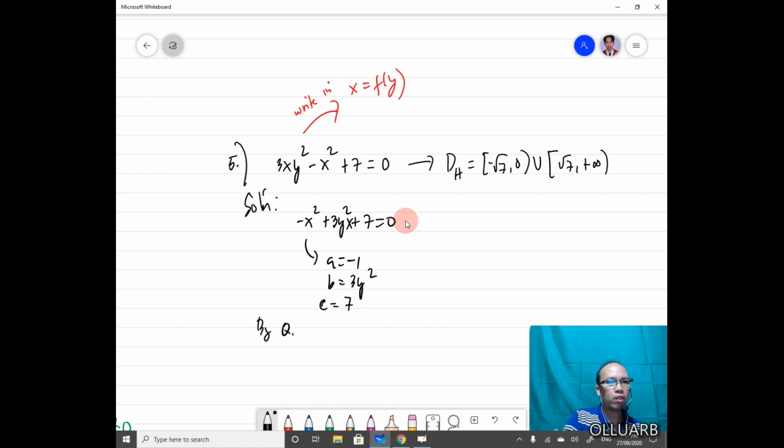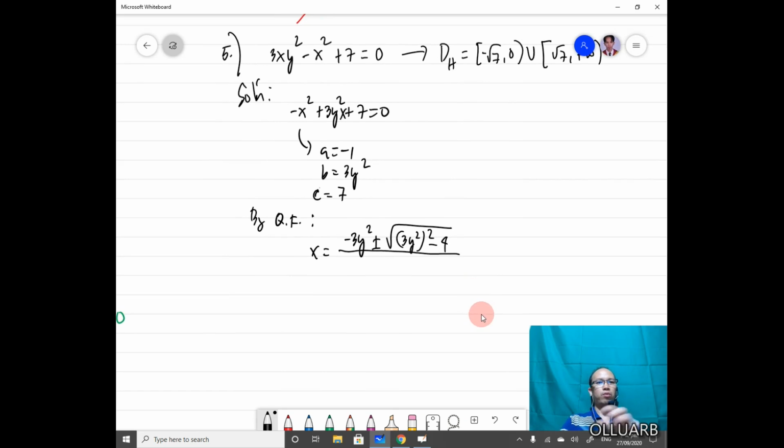So by the quadratic formula, x is equal to negative 3y squared plus or minus the square root of 3y squared squared minus 4AC, where a is negative 1 and c is 7, over 2 times negative 1.